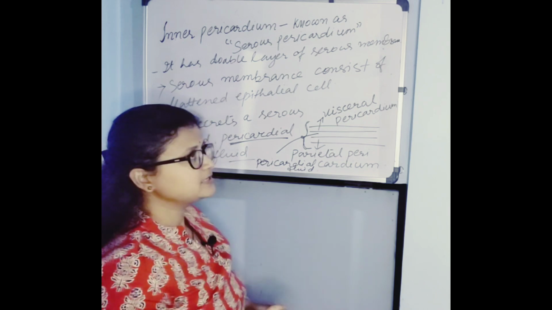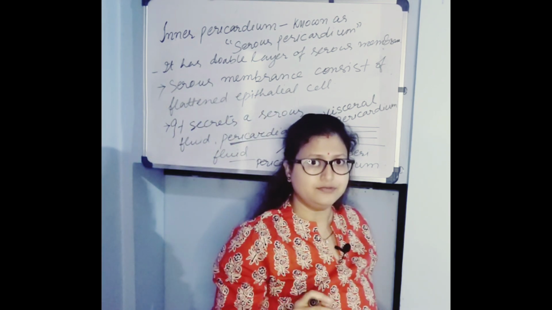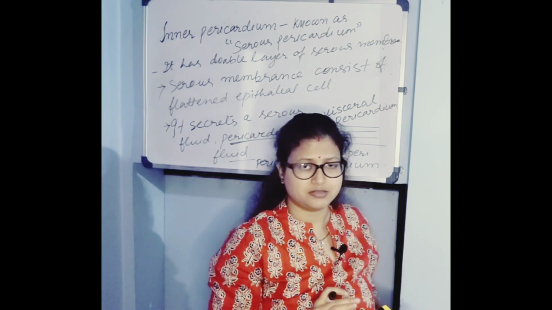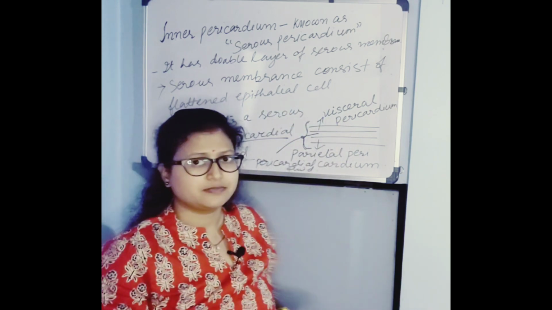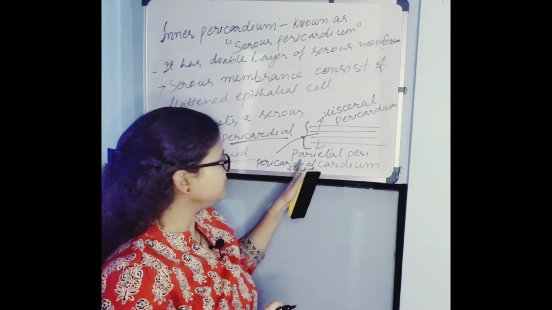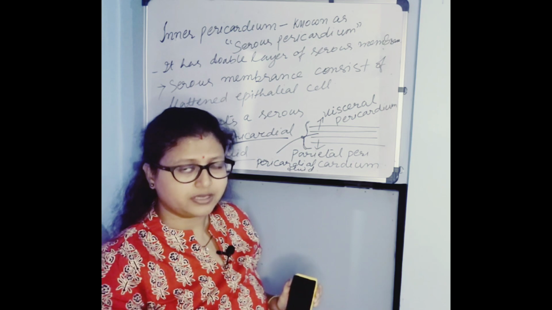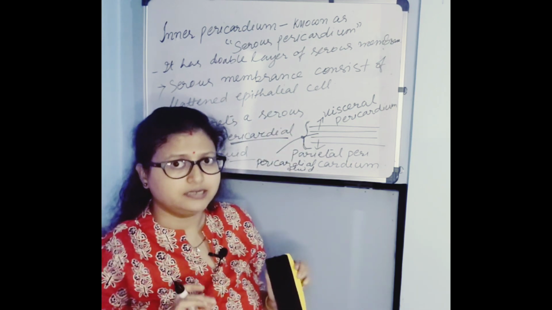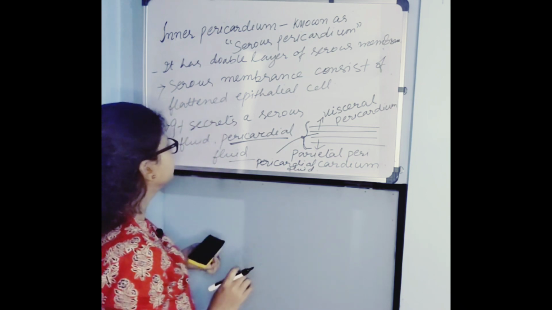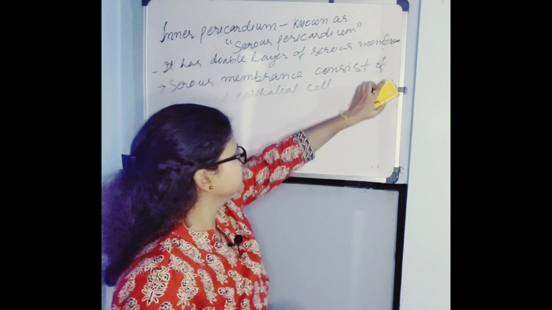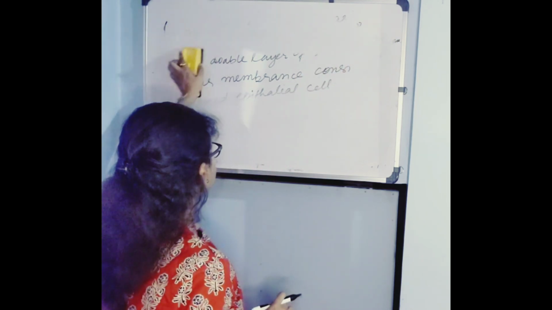The serous membrane consists of flattened epithelial cells, and it secretes a serous fluid called pericardial fluid, which lies between the visceral and parietal pericardium. This fluid helps in the smooth movement when the heart beats. This is about the pericardium. Now we will go to the myocardium.